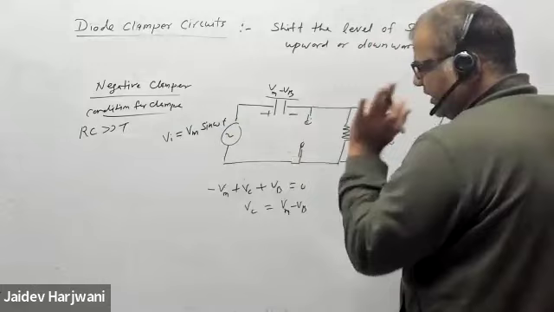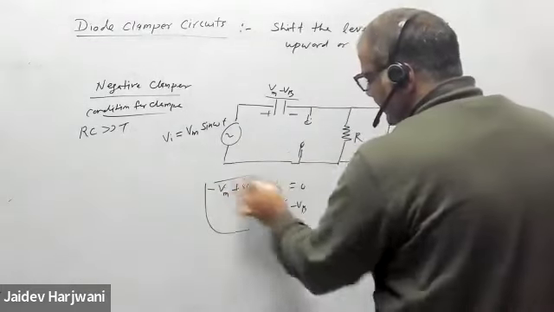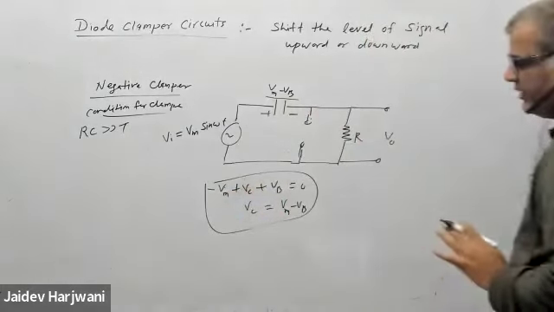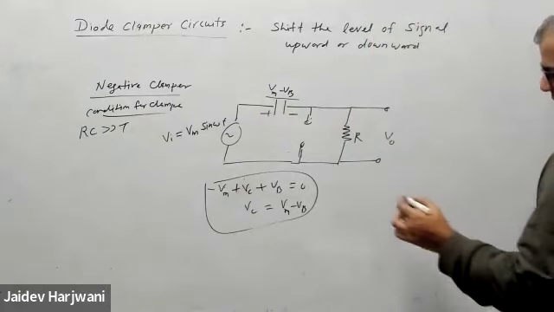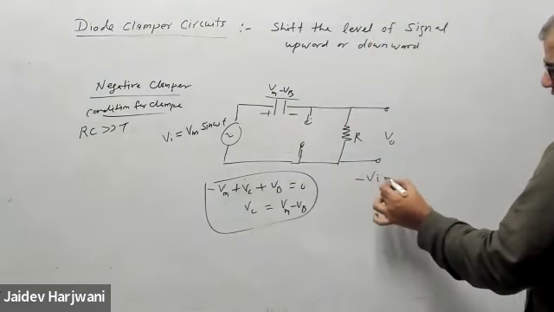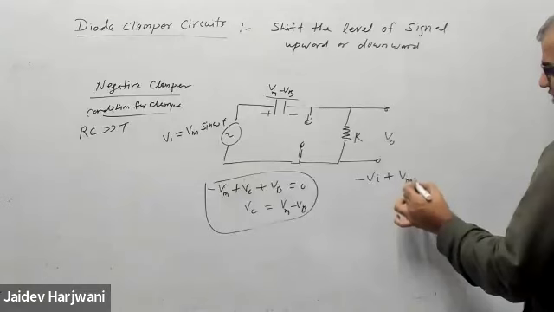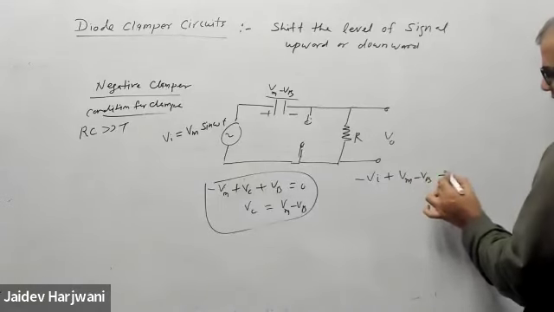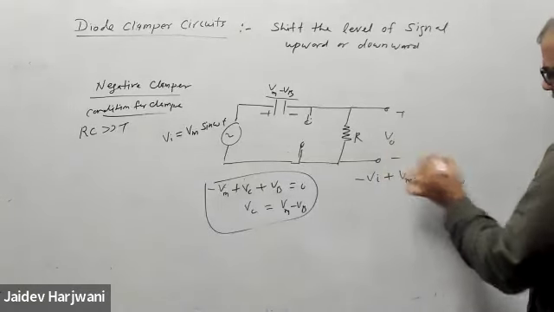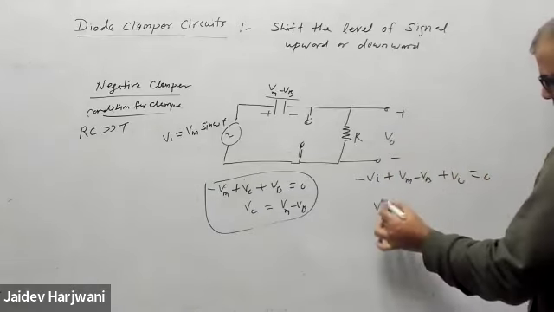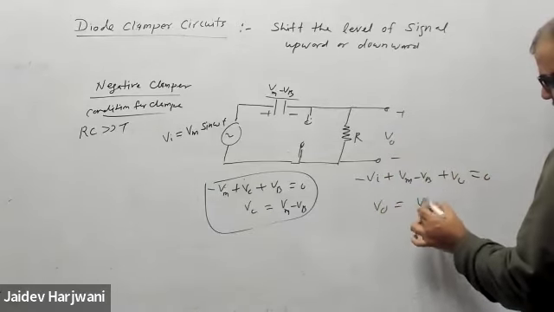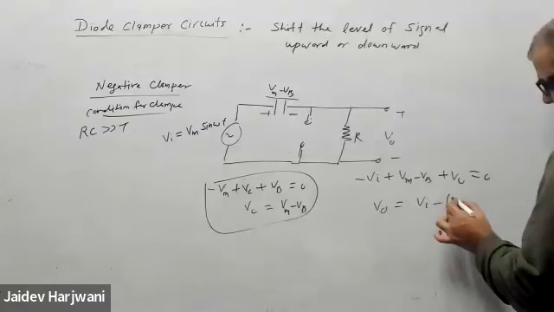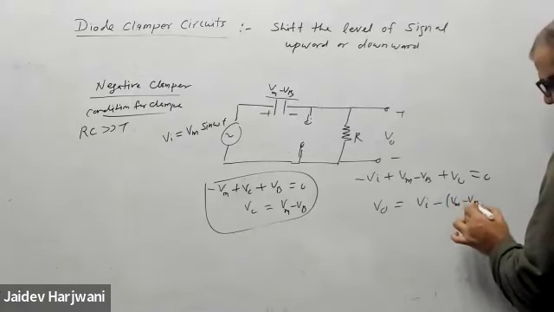Again, first you have to find the capacitor voltage. Now you have to apply the same circuit equation. You have minus Vi plus VC, which is Vm minus VB, plus V naught equals 0. Now you can find V naught will be Vi minus Vm minus VB.